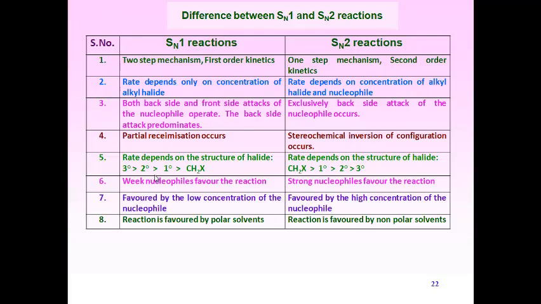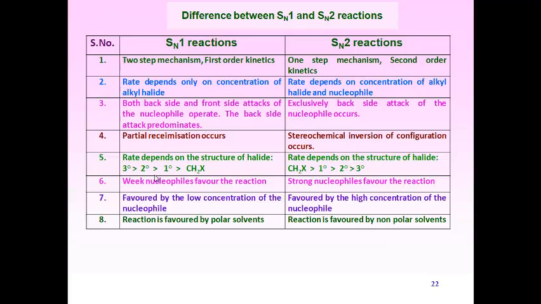Both front side and back side attack of the nucleophile are possible in SN1 reactions, whereas exclusively backside attack of the nucleophile occurs in SN2 reactions. Partial racemization occurs in SN1 reactions. Stereochemical inversion of configuration occurs in SN2 reactions.